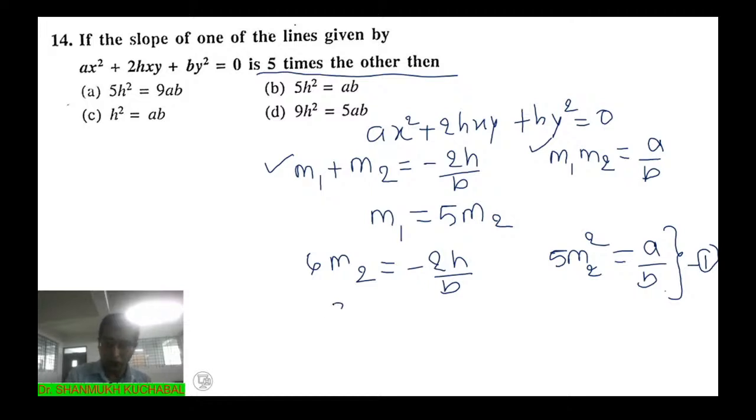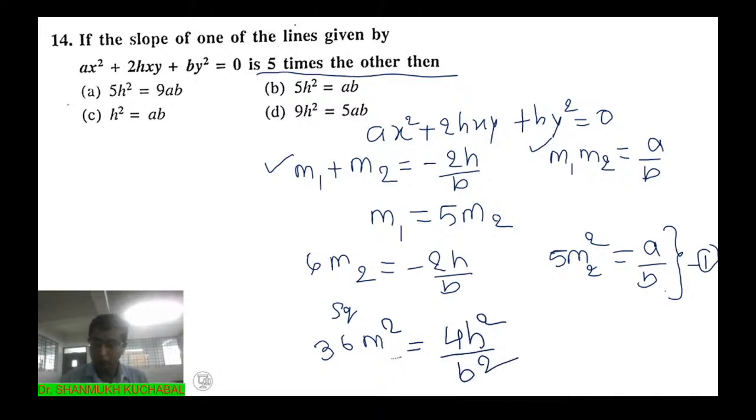Further, we'll square the first equation, so we get 36 m2 square equal to 4h square divided by b square.